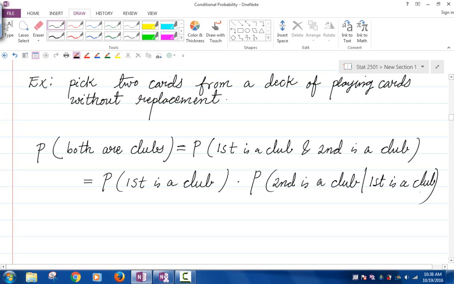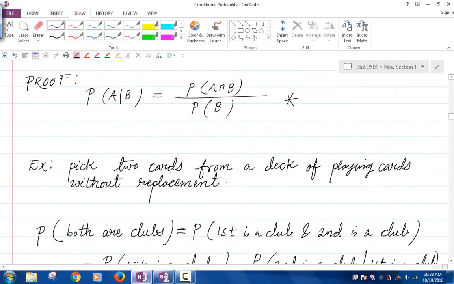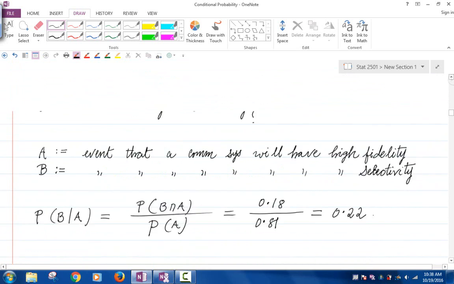Is that making sense? This is exactly the multiplication rule.